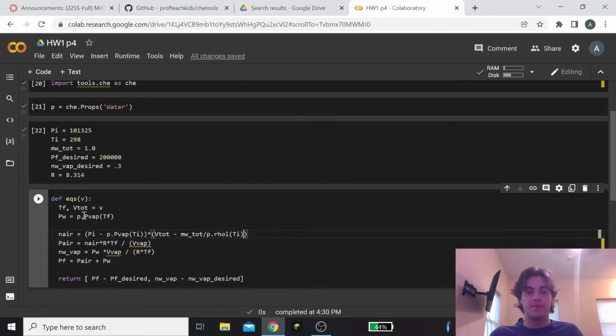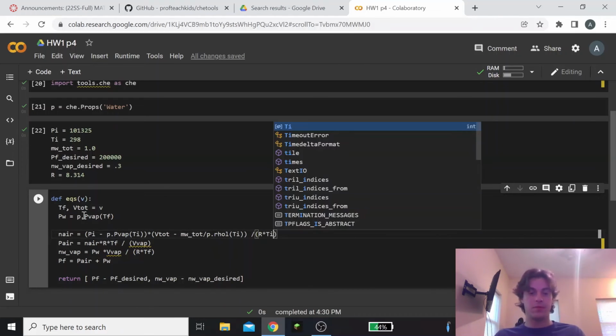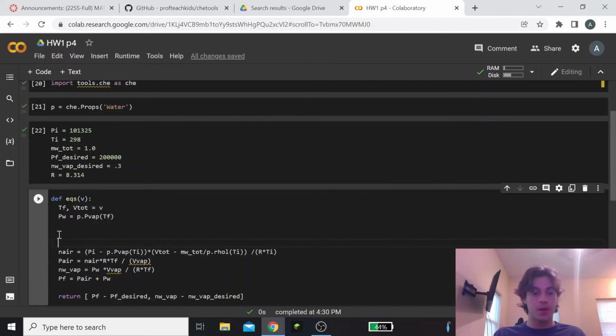And then this will be divided by gas constant R times our initial temperature. So now that we have that relationship in, the one that we have left is the volume of our vapor. This was equal to our total volume minus the volume of our liquid.